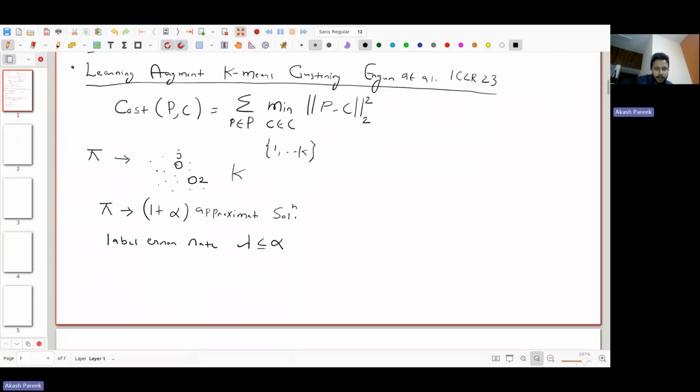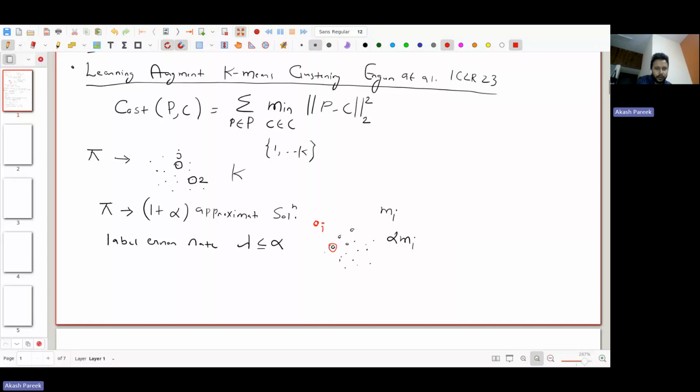What it says is the following. Suppose these are the points that are labeled by my predictor pi as I. Suppose the number of points here is mi, then only alpha mi of them can be mislabeled. Mislabeled means that all these points were labeled I, but there is a point here that, in the optimum, belongs to some other cluster, but is also labeled I here.